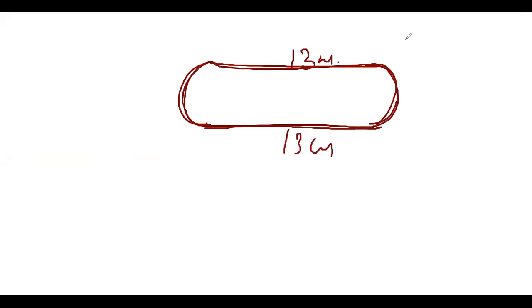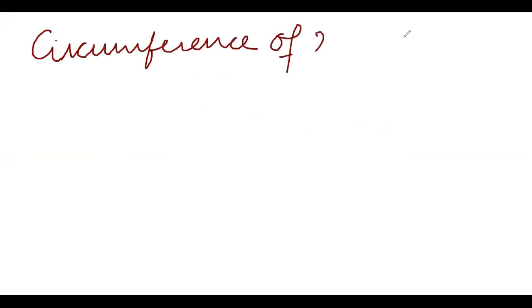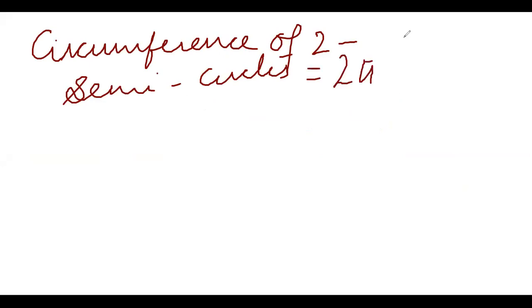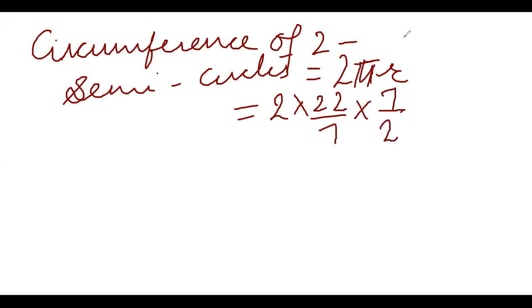So first of all, we'll find out circumference of 2 semicircles. Circumference of 2 semicircles is equal to 2 pi r. Two semicircles together make one circle. It will be 2 pi r. 2 into 22 upon 7 into 7 upon 2.